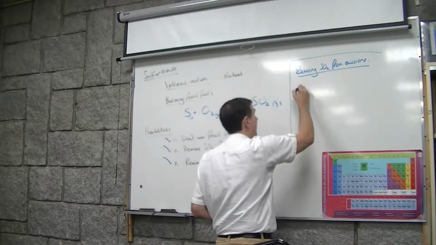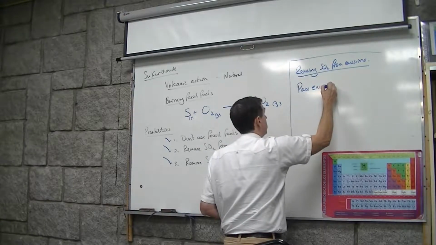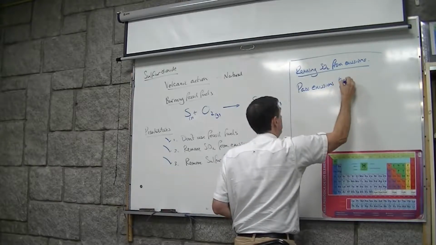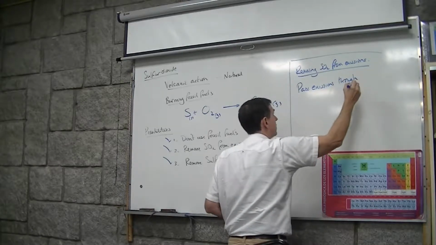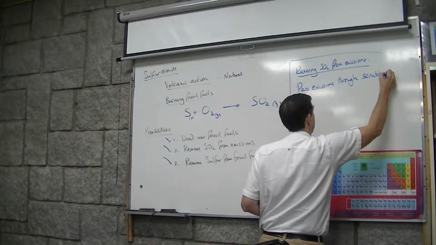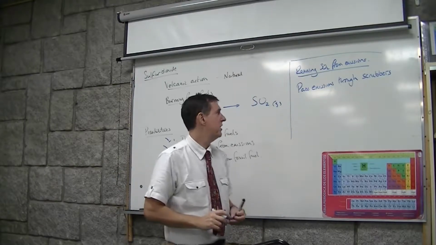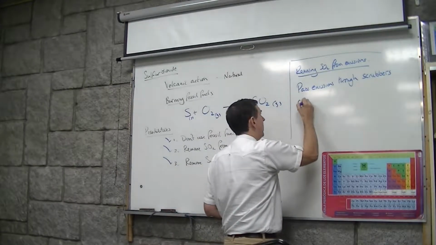So we would pass the emissions through, and we actually call these scrubbers, because they scrub the gas, they remove the materials from the gas, containing a base.